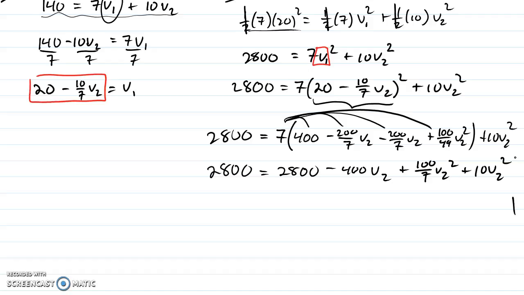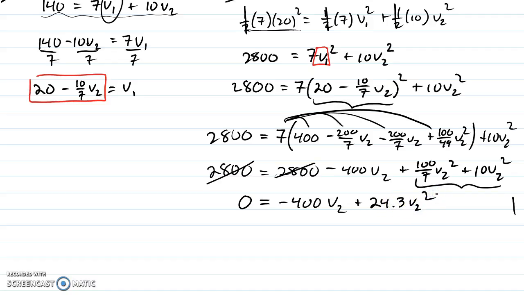I'm just going to give up and go to 14.3. So a couple things happen. These can cancel. We can subtract on both sides and get 0. On the left, we have minus 400 v2. And then when I'm combining these like terms, 100 divided by 7 is 14.3, so 10 plus 14.3, that's about 24.3 v2 squared.